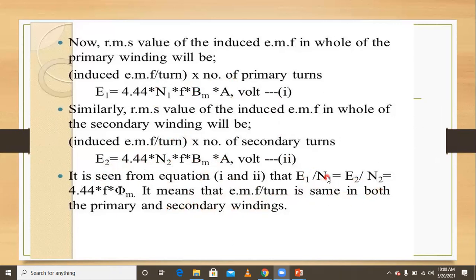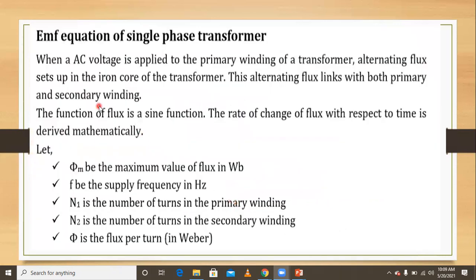E1 by N1 is called EMF per turn. So this is the EMF equation of the transformer. The EMF equation of a single phase transformer and a three phase transformer is the same.